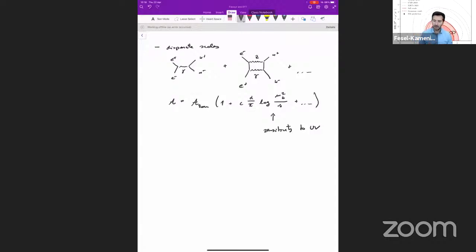Or put it even more bluntly, instead of thinking about quantum electrodynamics and heavy particle corrections to low energy electrodynamic processes or observables, one can think of just gravity.